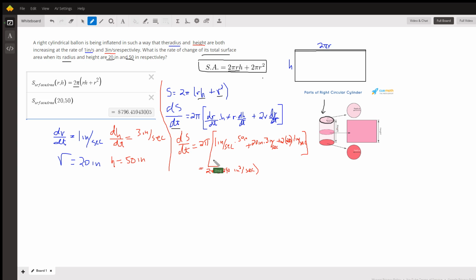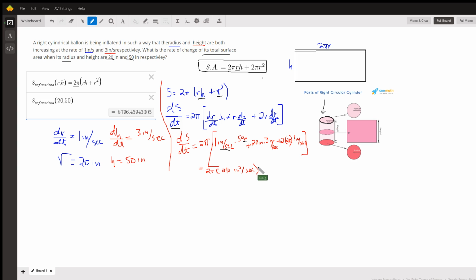Just substitute what you know. I put the units in here for emphasis, because when you take 1 inch per second times 50 inches, you get inches squared per second, which is the rate of change of surface area.